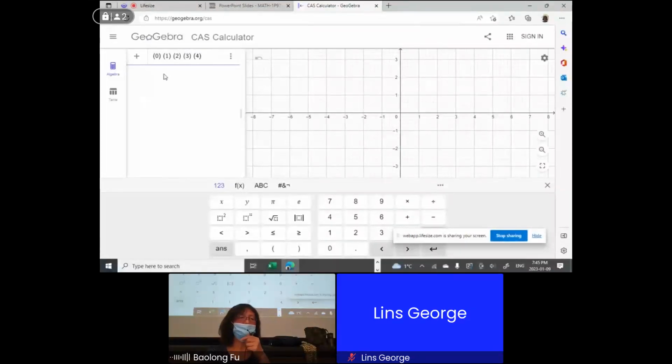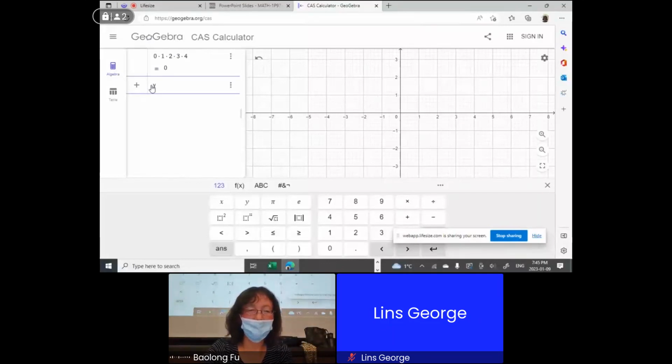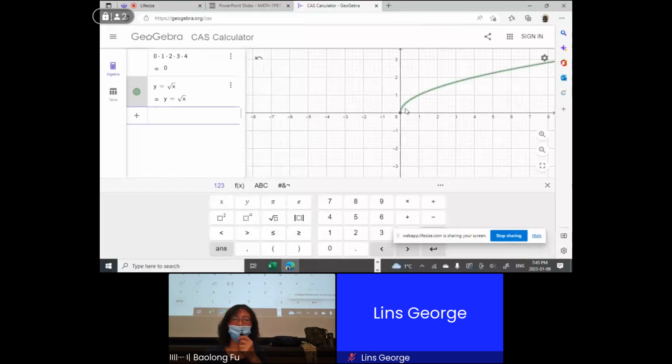After that, press the enter key. And then next you type in y equal to x raised to power 1 over 2, or maybe just SQRT x. I'll try SQRT x. Then you press enter. See, you got this graph.